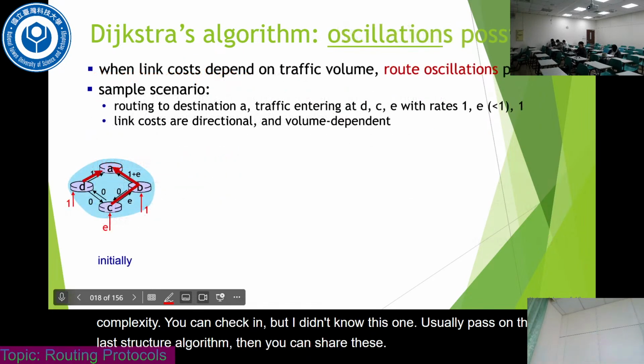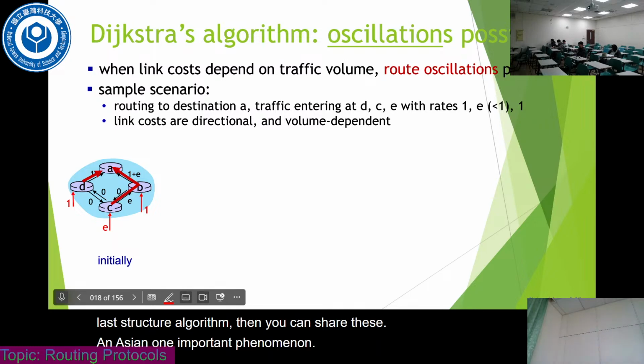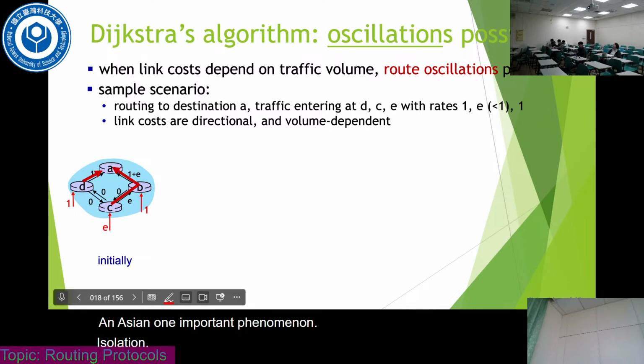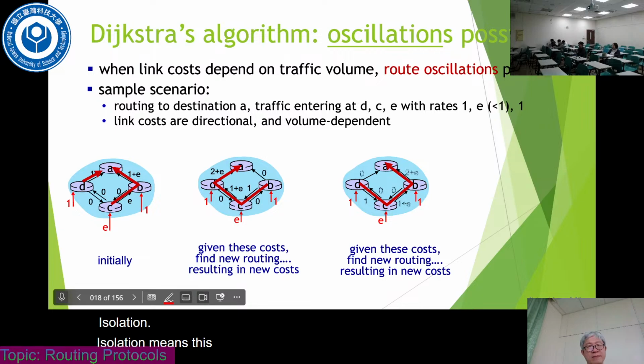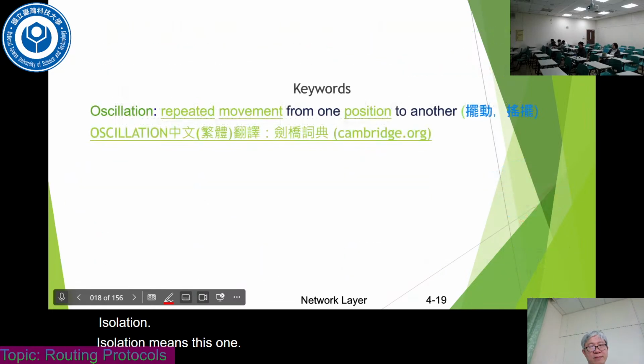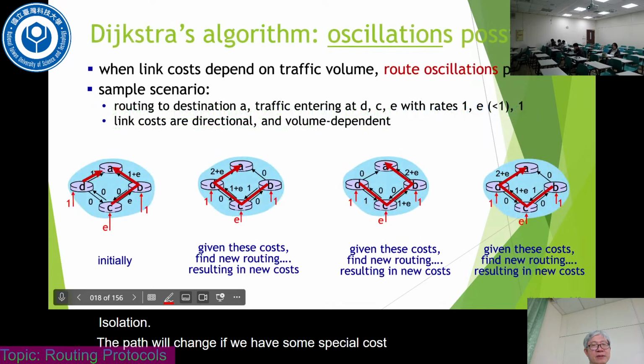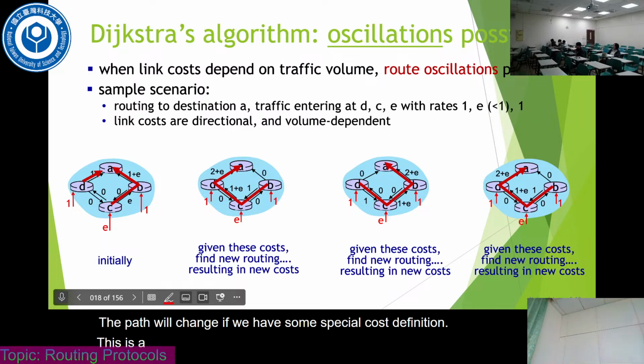But I mentioned one important phenomenon, oscillation. The path will change if we define cost in a special way. This is the phenomenon, oscillation possible.